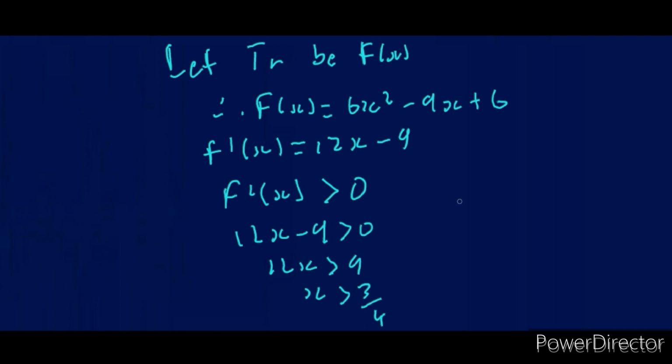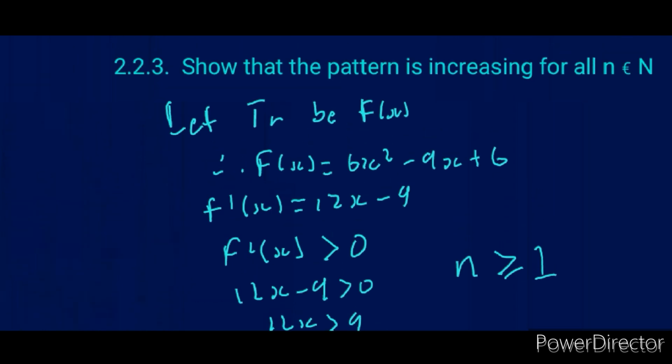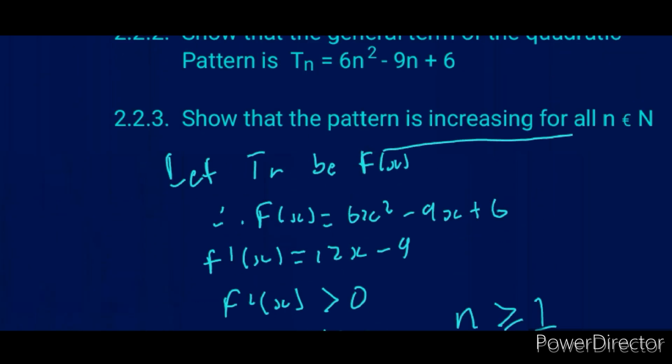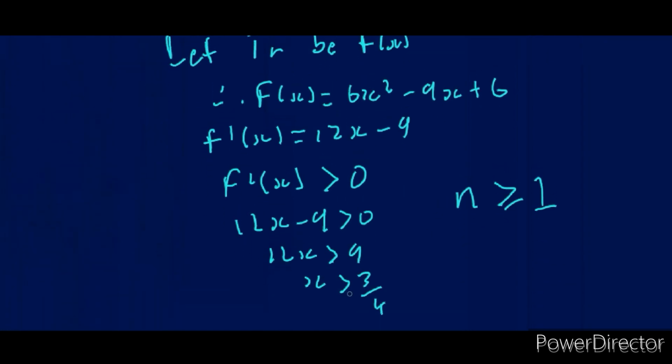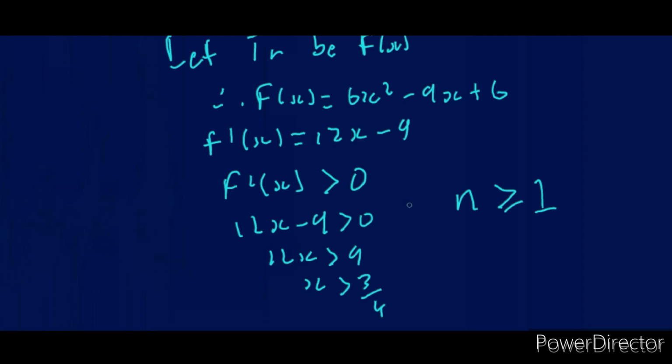But now notice, you'll also tell them again that the term number is always greater or equal to 1, because they said it's increasing for all n an element of natural numbers.